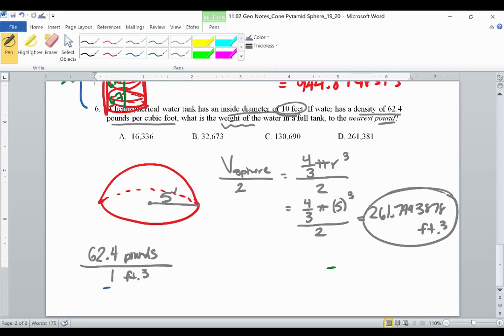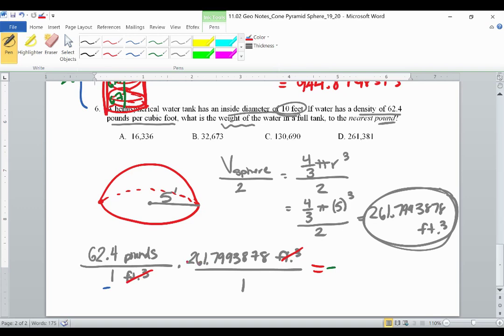Well, I know that the volume, which is also in feet cubed, is 261.7993878. So if I multiply these together, my feet cubed will cancel out, leaving me with pounds. It's kind of like your dimensional analysis thought process here. Now we'd say, okay, these feet cubed cancel.